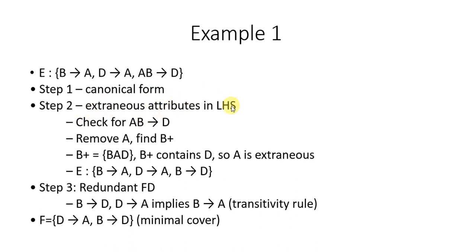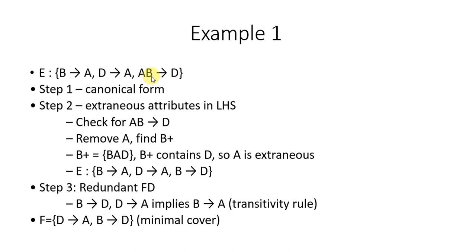We are removing A and finding B plus. So B to D and D to A and B to A. Okay, so what will happen? B, A, D. So that is B plus. And we can say B plus contains D. Okay, this B plus contains D. So A is extraneous. Okay, even though we remove A, we get the same right hand side. So A is extraneous.